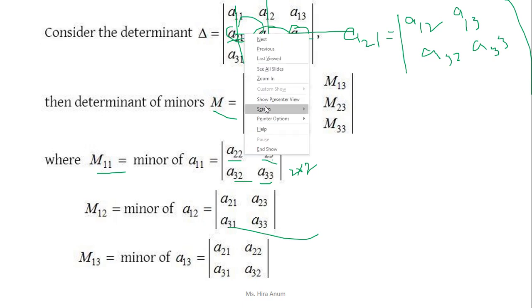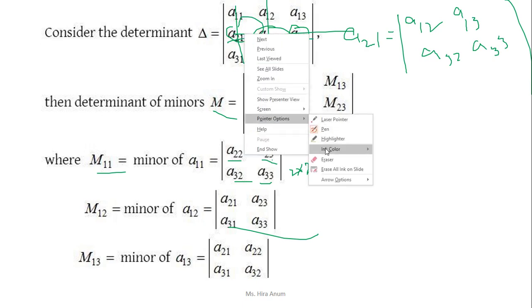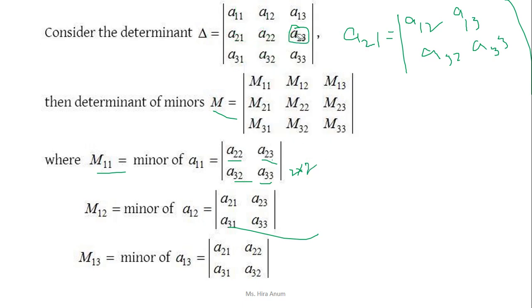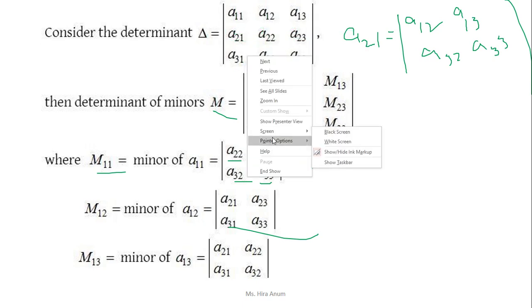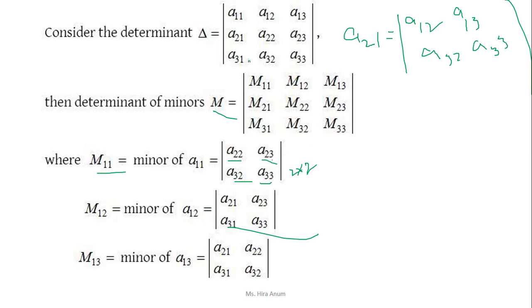Then you are taking the other, which is equal to A31, then ignore the row and column, it becomes A12, A13, A22, A33. Then taking this, it becomes A11, A21, A13, A23.